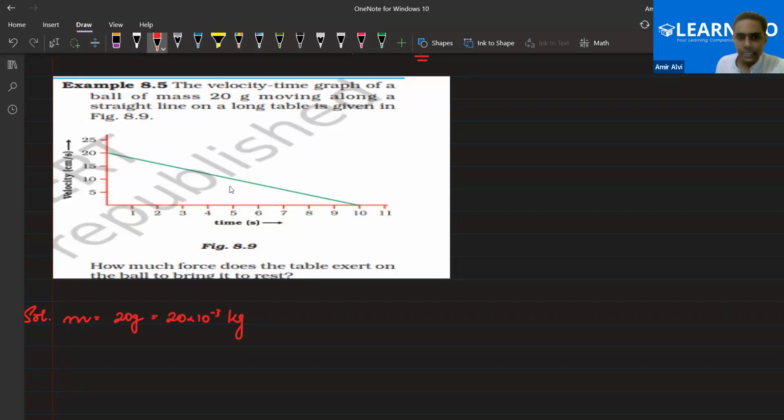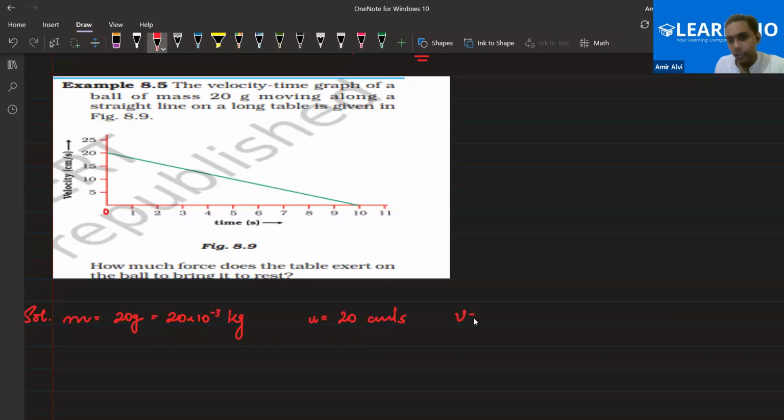Now let's analyze the graph. At time t = 0, this is the origin. At t = 0, the initial velocity of the ball was 20 centimeter per second. Am I right, everyone?